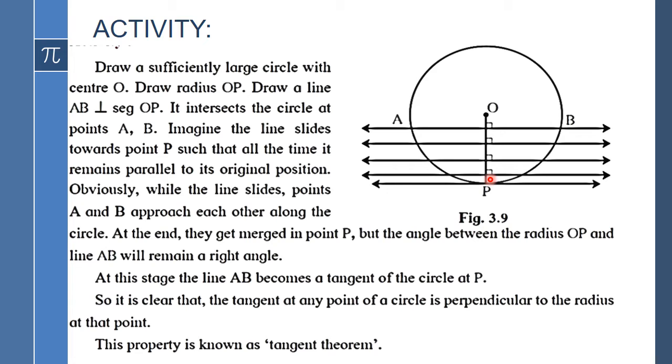This is that important property of the tangent: the tangent at any point of a circle is perpendicular to the radius at the point of contact. Whenever you have a tangent and you join the center to the point of contact, the radius formed is perpendicular to the tangent. That is what the tangent theorem says. So this property is known as the tangent theorem. And now let's read the statement.